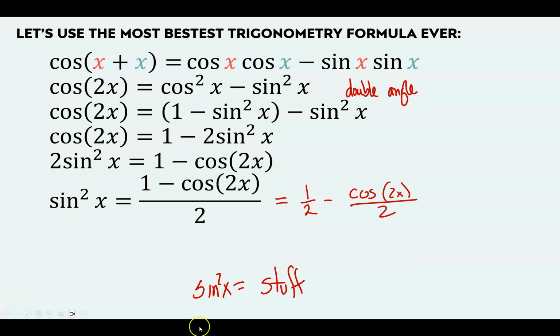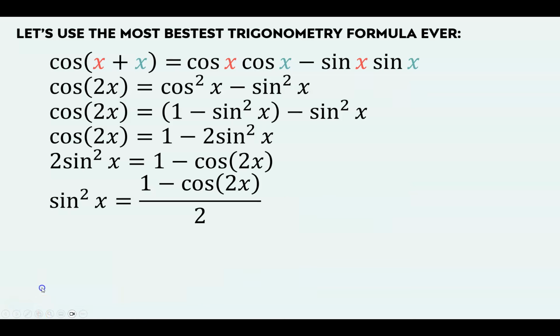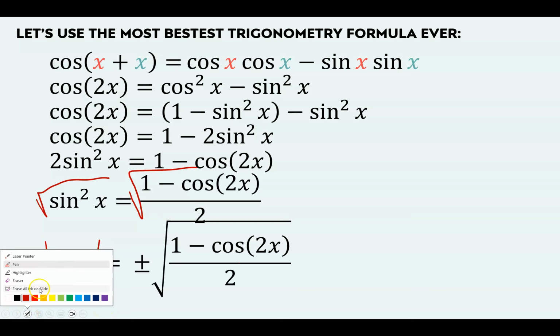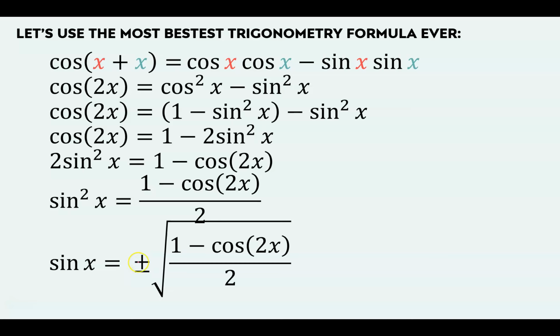But wait, there's more. You can keep rearranging and get the half-angle formula that, again, you may have memorized but probably forgot by now. We'll take the square root of both sides, and the square root of something squared is really the absolute value of that thing. So we drop the absolute value and make a plus or minus.